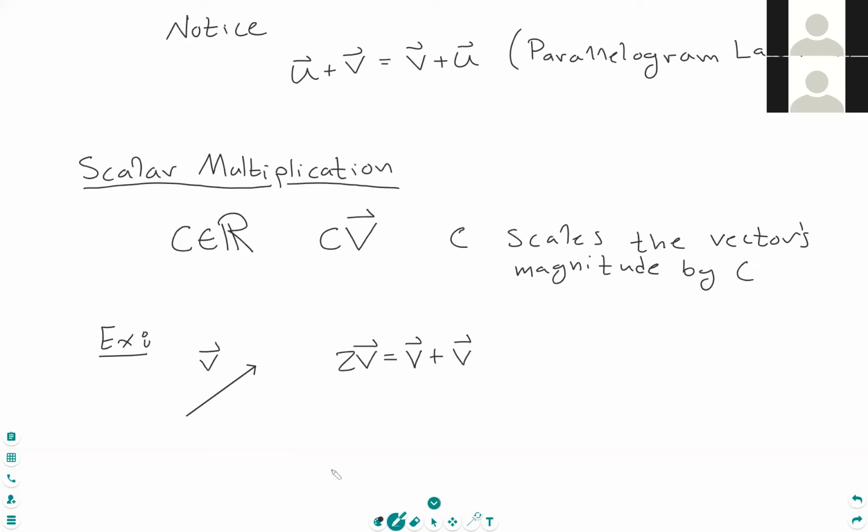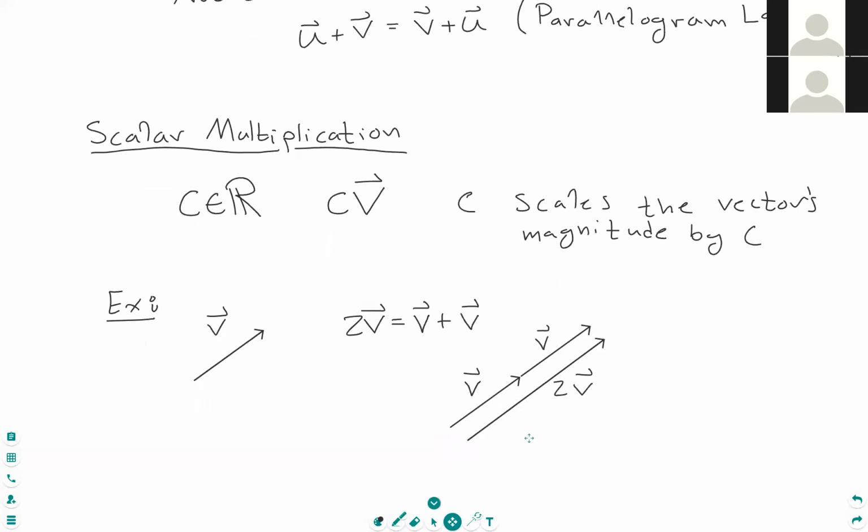Let's take our vector v and make two of them and use our addition laws. So we stack them together like that. And now we've created some vector that's still in the same direction as v was, but now it is twice as long. So where we had v and v here, this is 2v.